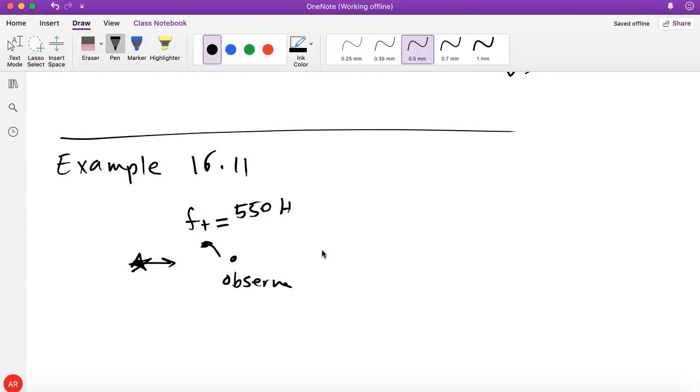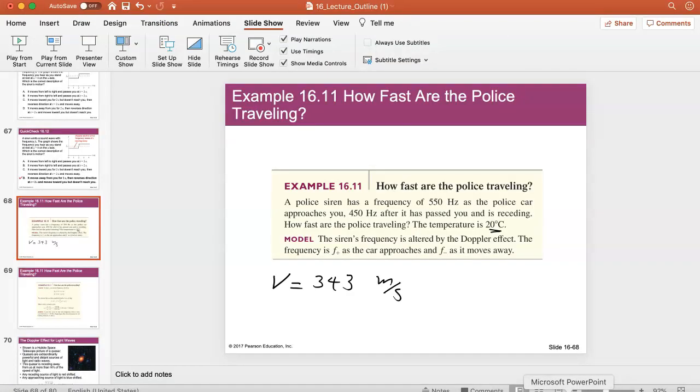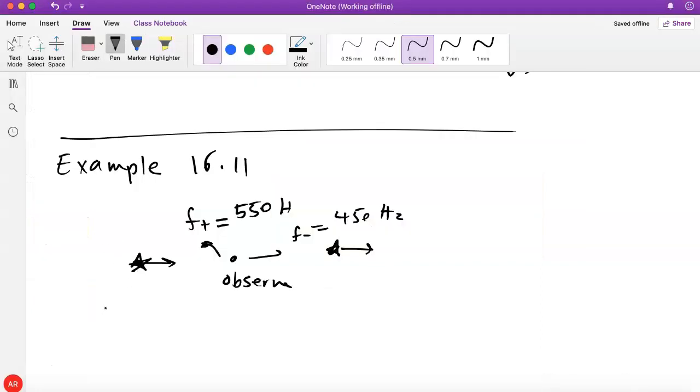And then when the source is moving away, there's an f minus that you hear, that's 450 hertz. The speed of sound v is 343 meters per second.